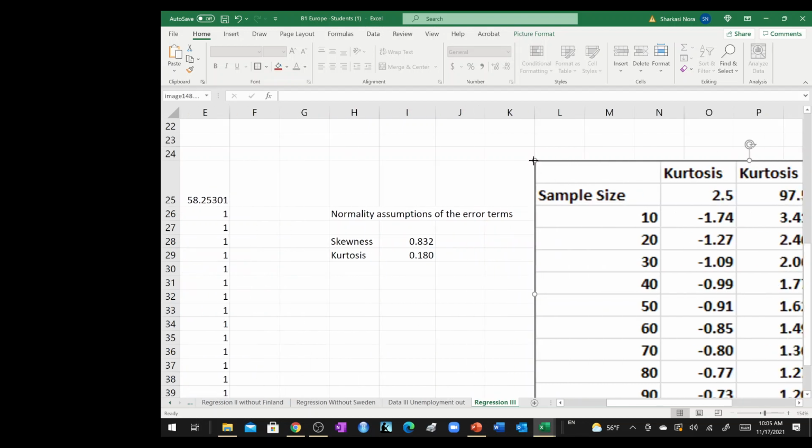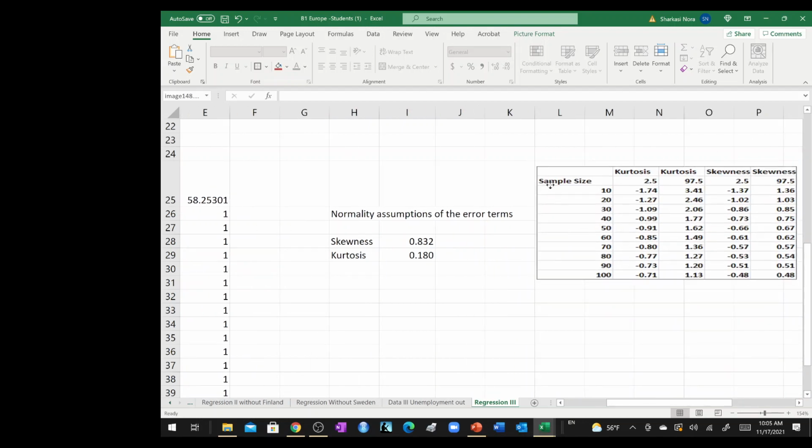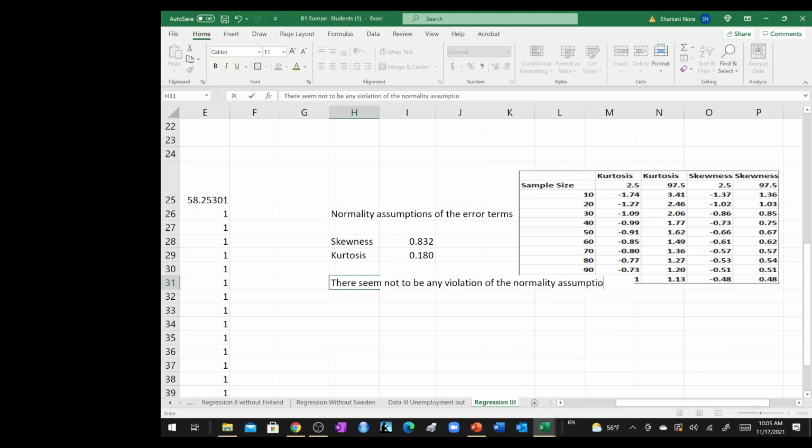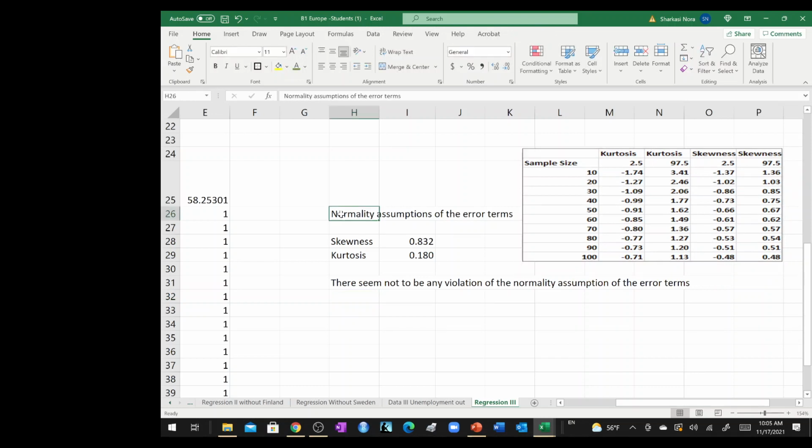Over here, you see 20. And the skewness is 0.8, it's within. And the kurtosis is 0.1, it's also in between. So there seem not to be any violation of the normality assumption of the error terms or of the residuals. Good. So this is number one.